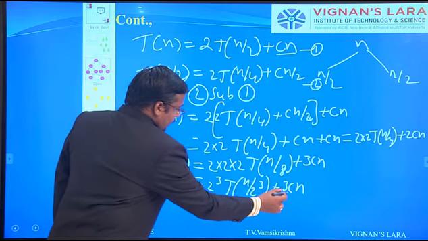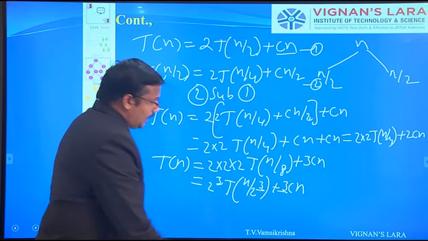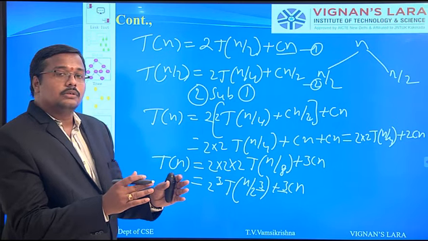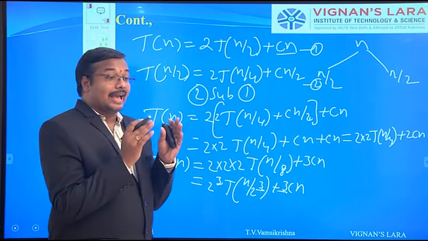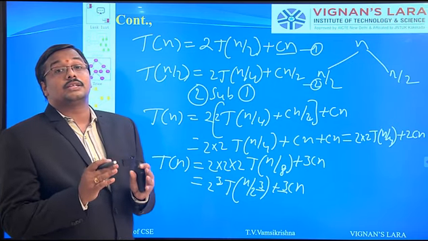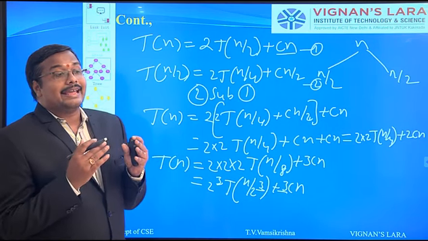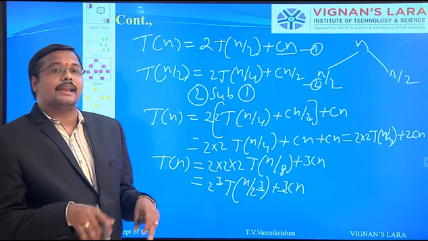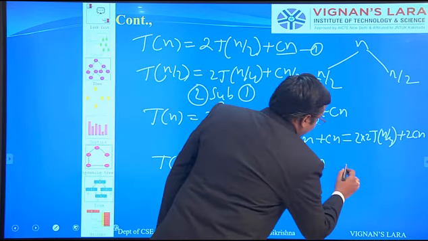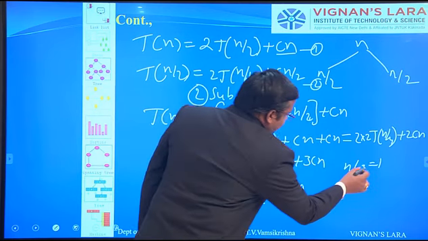Eventually the elements come down to 1, meaning the array size is 1, and only at that time does the recursion break. We know that an array consisting of one element is itself sorted.